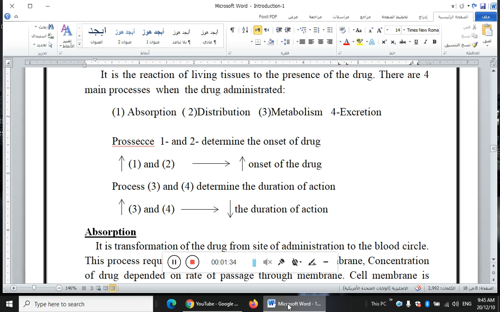While metabolism and excretion determine the duration of action. The duration of action means how long the drug acts in the body. So when metabolism and excretion increase, the duration of action of the drug will decrease.